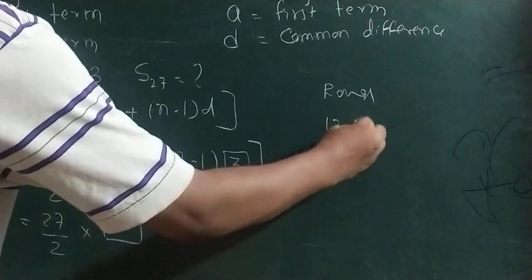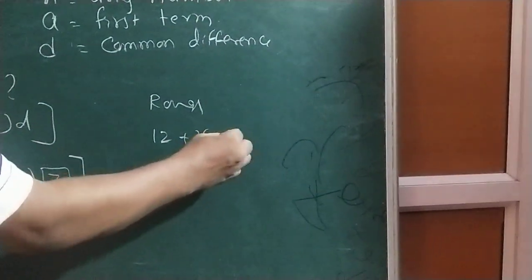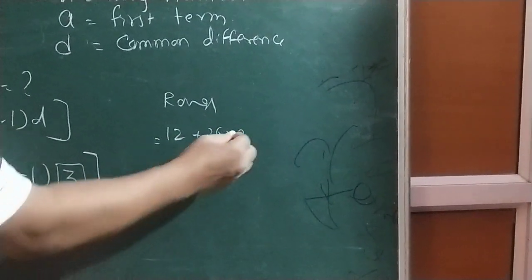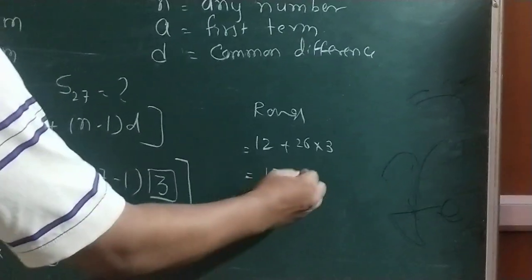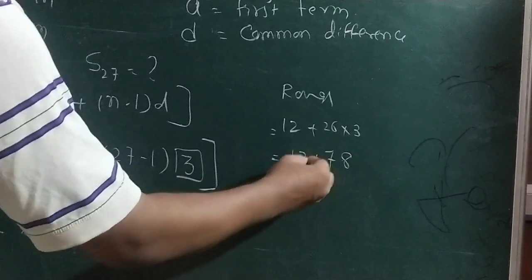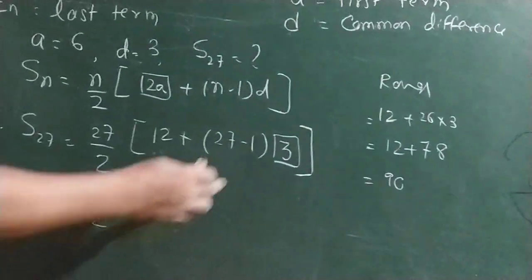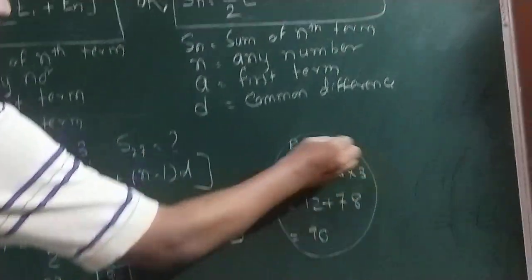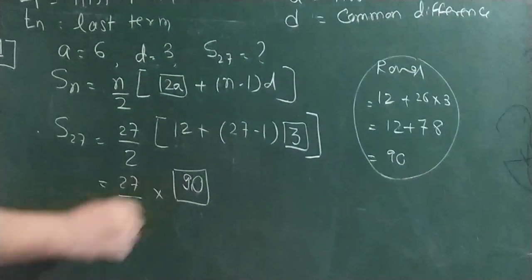So 12, 27 minus 1, 26, 26 into 3. So first multiplication, then addition, because the rule says first multiplication, then addition. 26 times 3 is 78. So 78 plus 12, 90. So in the box, you have to do this work as rough work. You only have to write the proper final answer, 90.